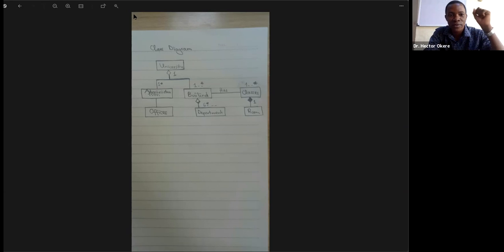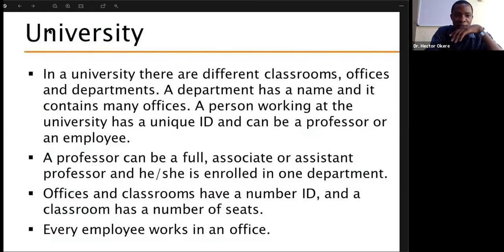Each scenario, you look at this. In a university, there are different classrooms, offices, departments. 3 already, they've given you a direct relationship. In a university, one university have many, these are different, means many. So 1 to many, 3.